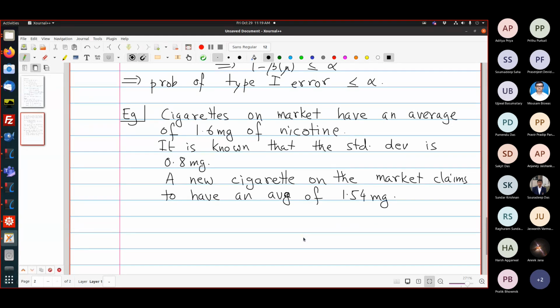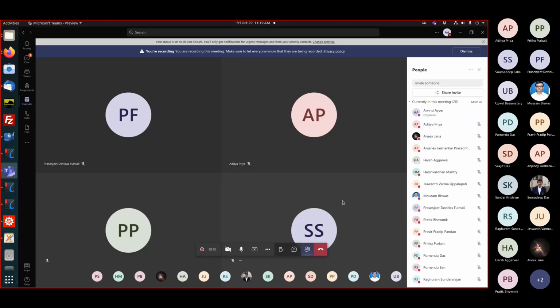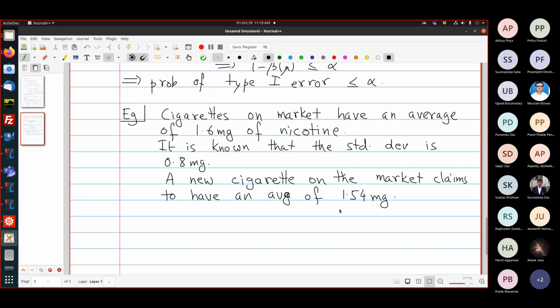Okay, this is an advertising gimmick, of course. They say they have less nicotine, but it gives you the same kind of pleasure that a regular cigarette is supposed to give. Oh, sorry, it claims to have an average of less than 1.6. So they claim that this is less, and 20 of these new cigarettes are tested.